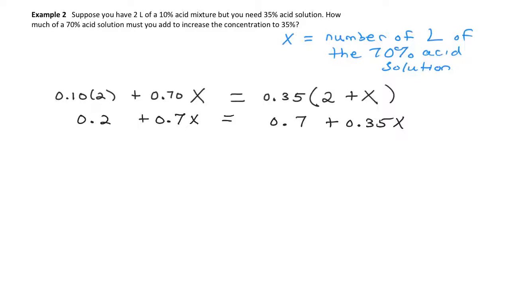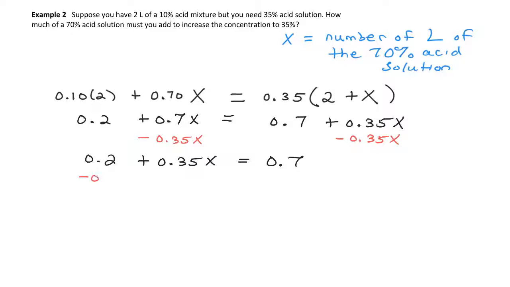So let's see. I'm going to set this up so the coefficient in front of the x is positive. So I think my next step will be to subtract 0.35x from both sides. And when I do that, I get 0.2 plus 0.35x is equal to 0.7.